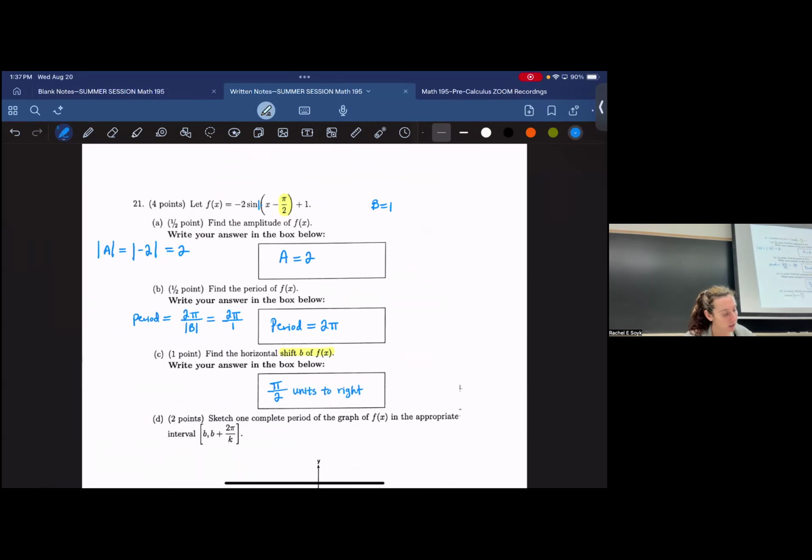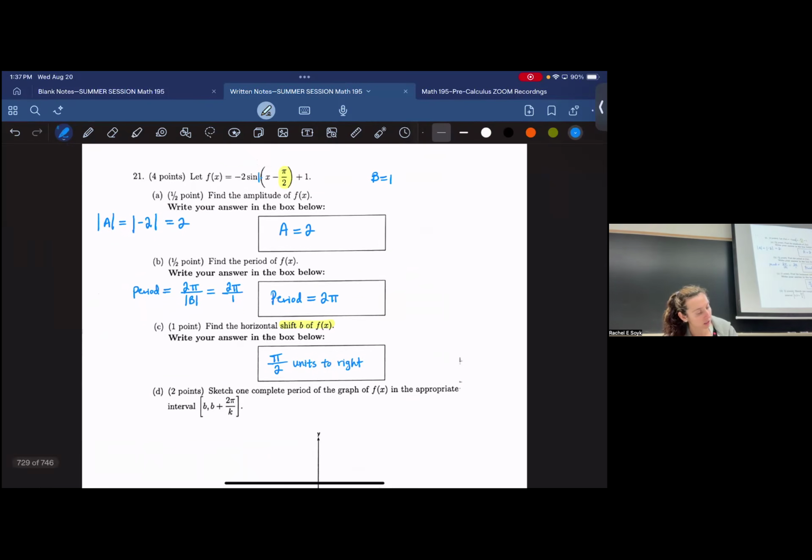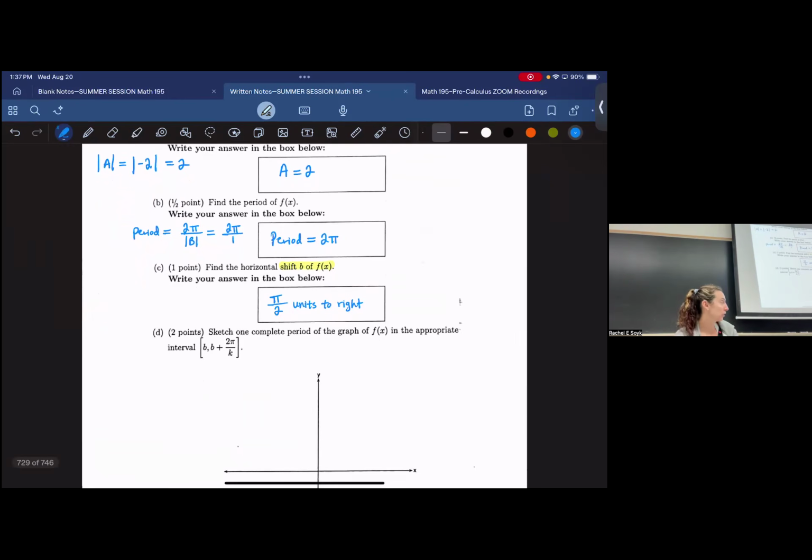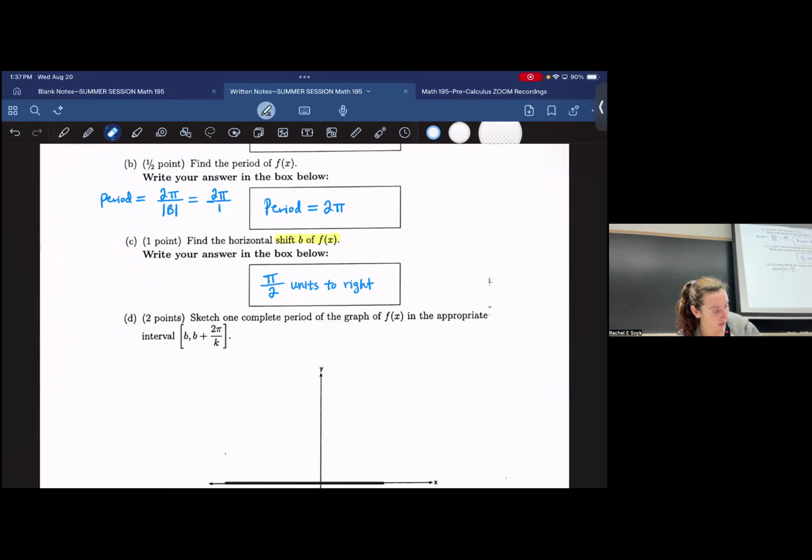And then finally, we're asked to sketch one complete period in the appropriate interval. So our interval, I really don't like the fact that they use this lowercase b, because lowercase b is different from the uppercase B value up here.